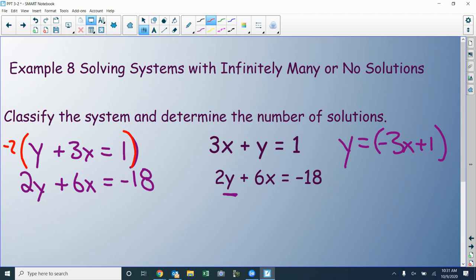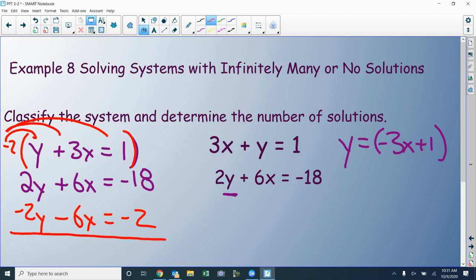So if I do that, I'm going to get -2y, -6x, and -2. Add straight down. Oh, look what happens, everything gets gone. I got 0 equals -20.